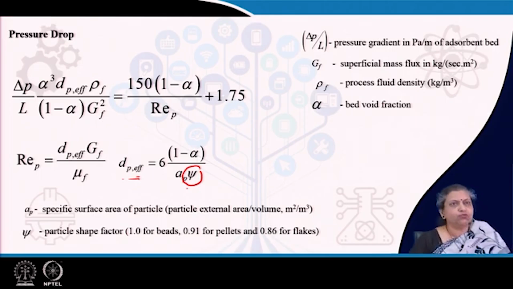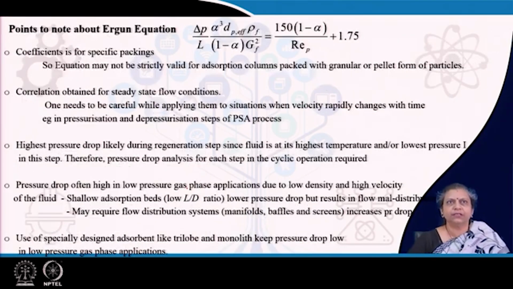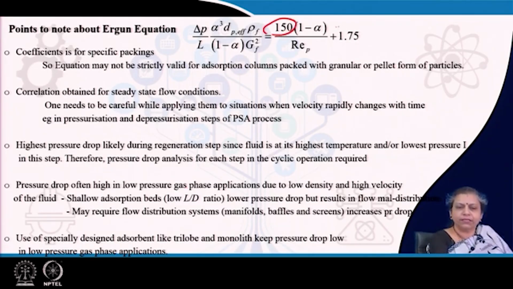Now, when we use this Ergun equation, there are certain things that we need to keep in mind. Definitely, we have to use it, but there are certain things you need to keep in mind. First thing is the constants. These constants have been derived for certain specific packings.